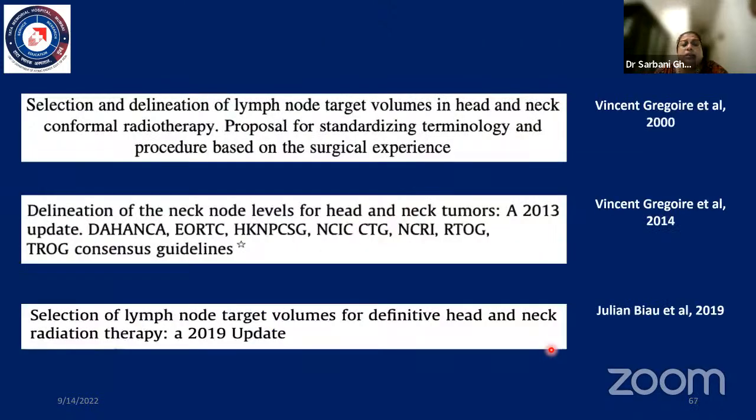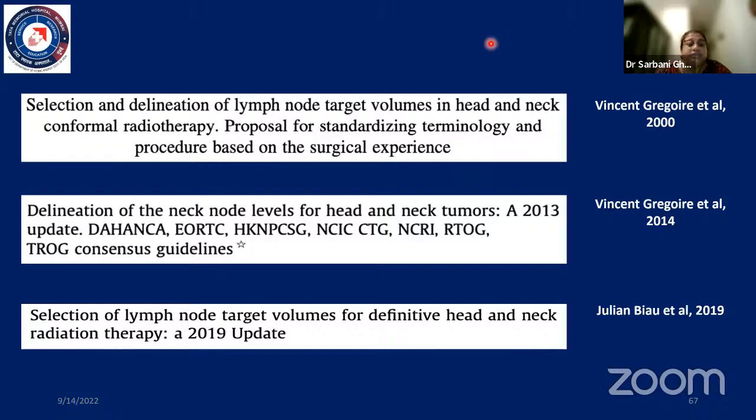Now coming to nodal delineation, again, I think most of you would be familiar with it, but no harm going through it again. And I would suggest to all first timers that they should actually sit with the nodal guidelines and the contour that they are going to be doing together, because that actually makes it very easy, as well as the way to contour the various structures becomes very clear and stays imprinted on your mind.